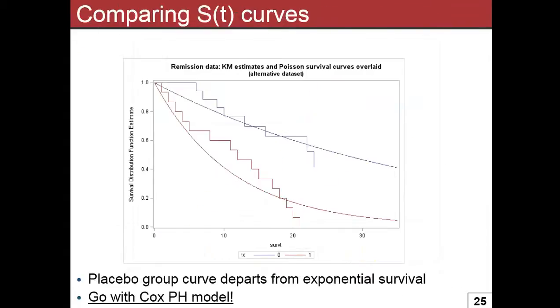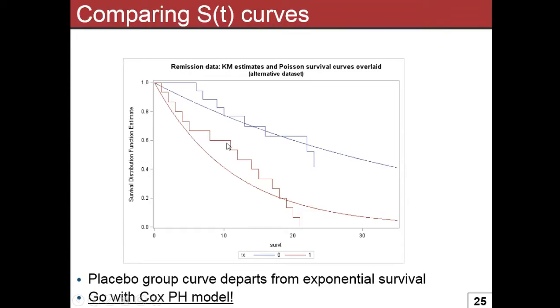And look what happens to the survival curves. Here are the placebo and the treatment folks. The treatment group still hits pretty well through. But now look at the placebo group. It really overestimates the risk. The Kaplan-Meier curve, which is the actual experience of the people, shows better survival in this zone.